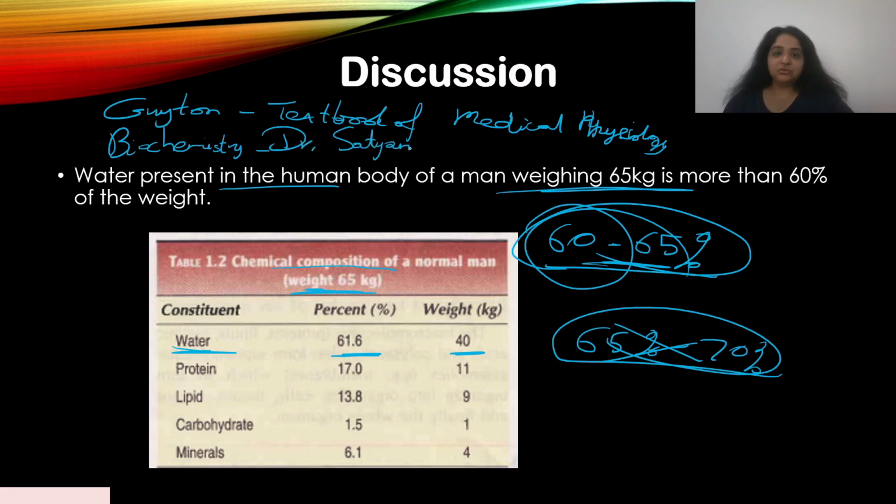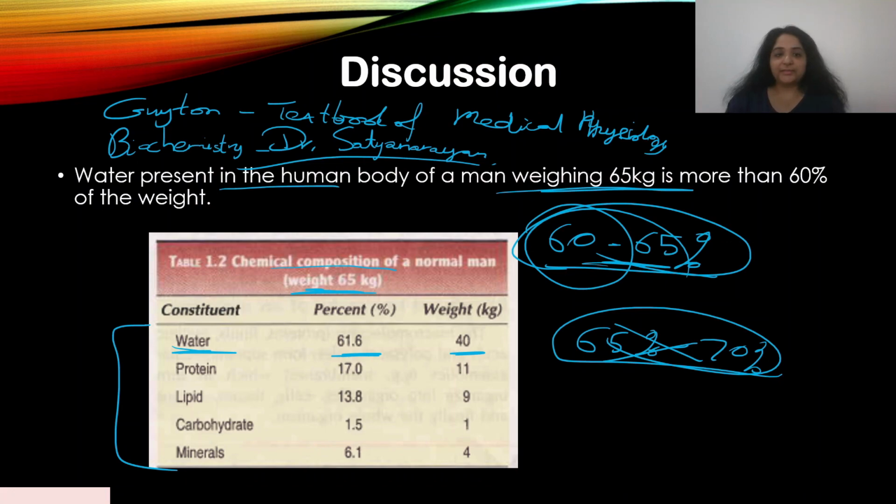These are two textbooks, and they have both mentioned 60 to 65%. I would suggest you remember this table, it'll be useful. You find the chemical composition of all the micro and macronutrients in our body, and how much they contribute to the weight of the body.